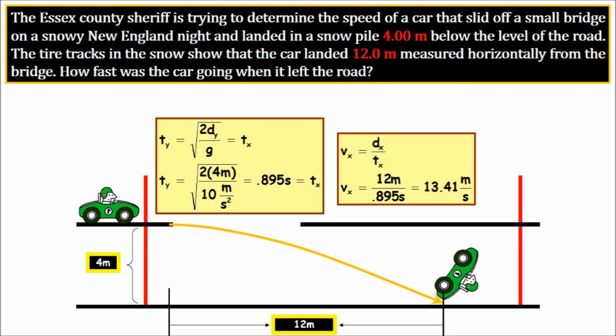The value for Vx, therefore, would be 12 meters, that's the distance, over 0.895, which would be Tx. Remember, Ty is equal to Tx. So the answer would be 13.41 meters per second.